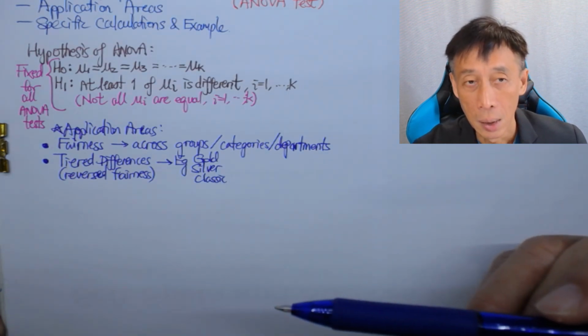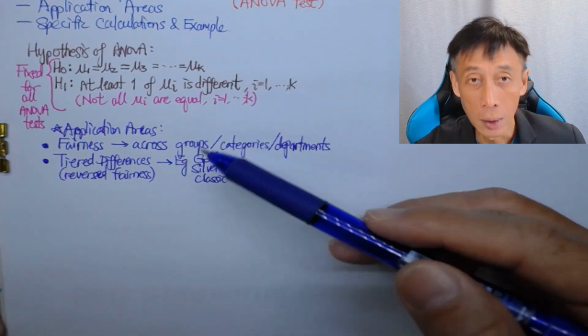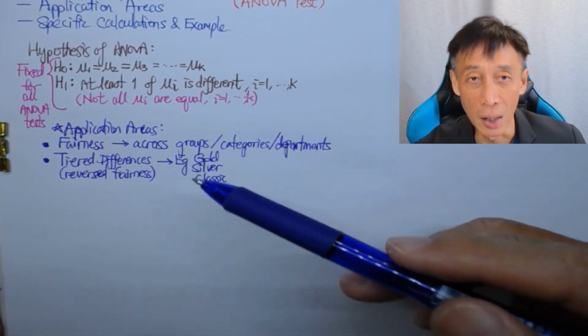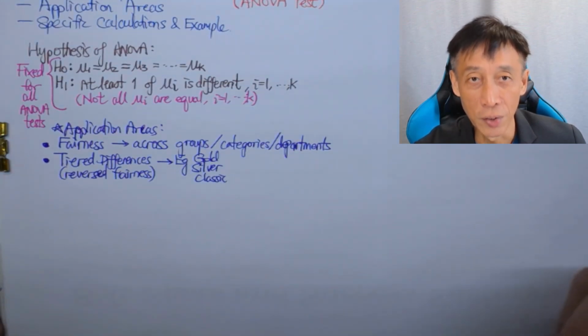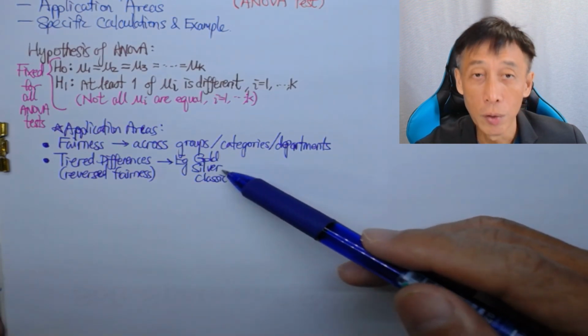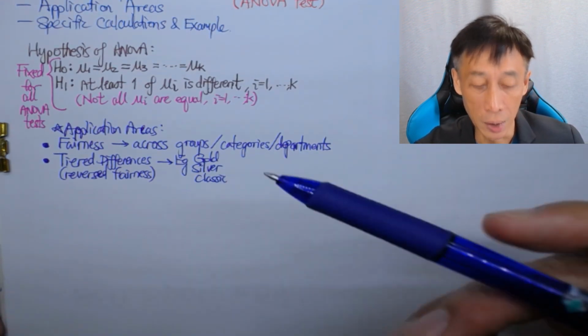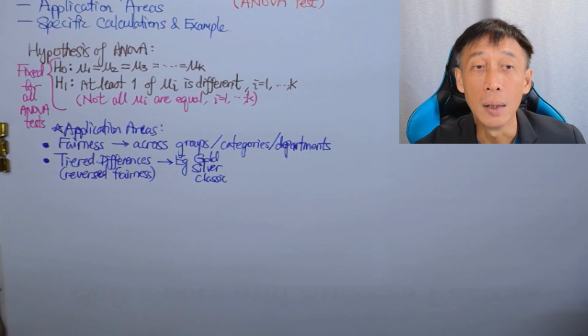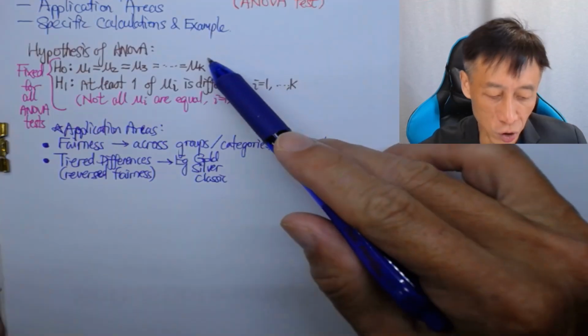But if you perform ANOVA, it can detect that that little bit of $100 difference, $50 differences in the annual benefits that a member in Gold, Silver, Classic gets back, is just due to random noise. It's not a significant difference enough for us to reject H naught.